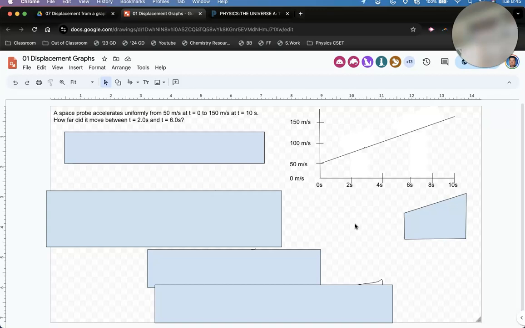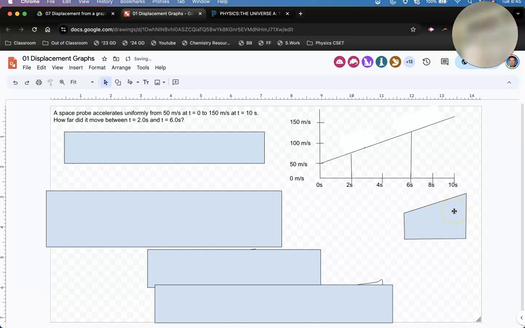So we got this slope of the space probe going at this speed. Now this shouldn't be new. Anything that speeds up should have a line going up. But what's going to be new in this class is how far did the space probe go from 2 seconds to 6 seconds.